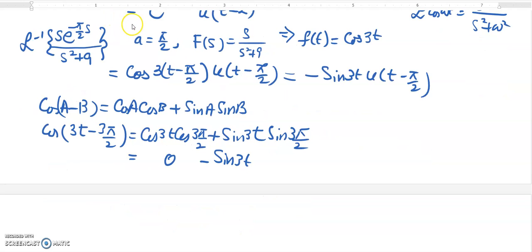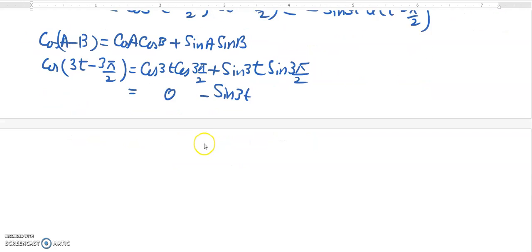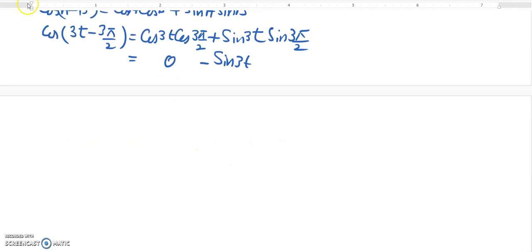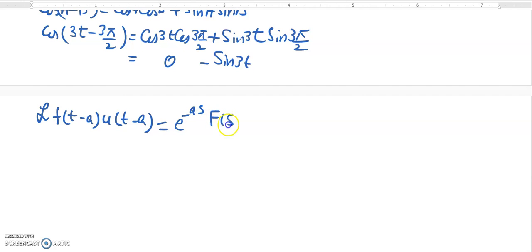Next, we can apply some further simplifications. For example, we have this formula, Laplace of f of t minus a into u of t minus a, the t shifting theorem, is e power minus as into F of s.